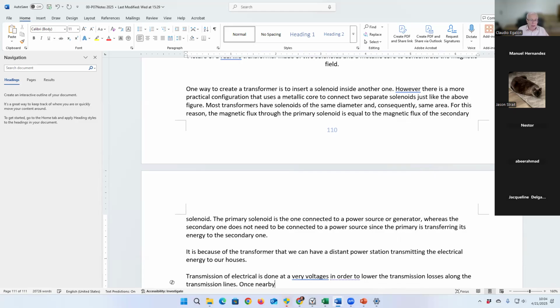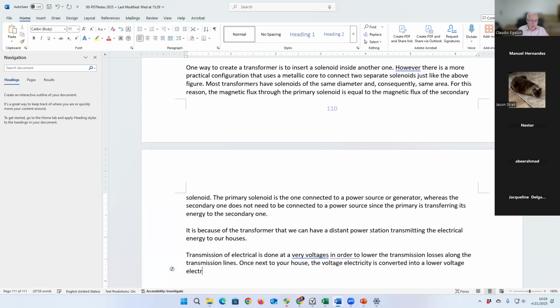Once nearby, once next to your house, the high voltage electricity is converted into a lower voltage electricity using a transformer.